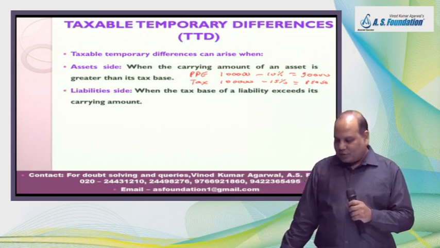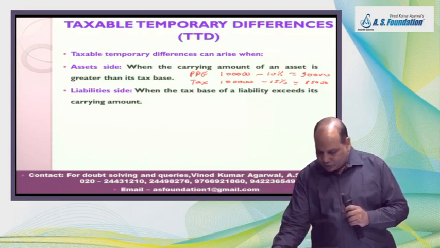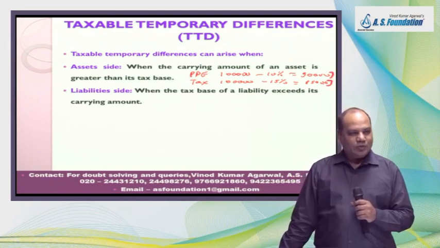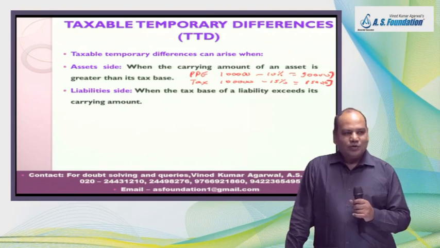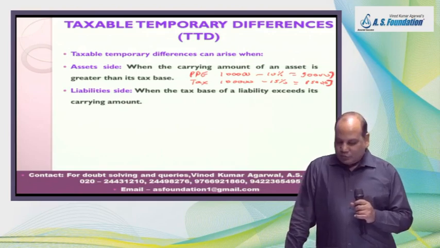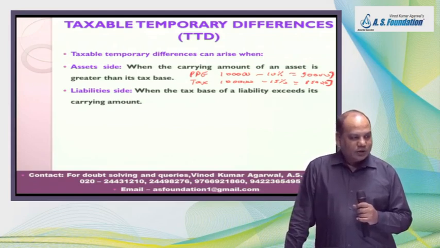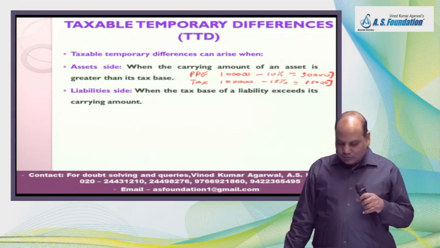So my tax base is now 85,000, which means in future, when I recover the carrying amount of the asset, I will get less tax benefit, because income tax law would allow me only up to 85,000 rupees deduction, which means I have to pay more tax in future. 5,000 rupees into tax rate more I have to pay in future.